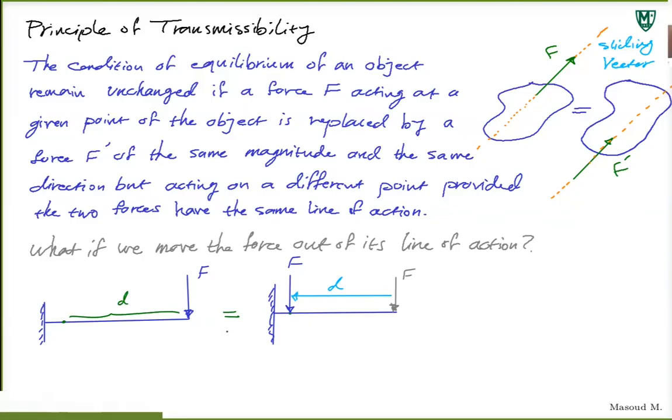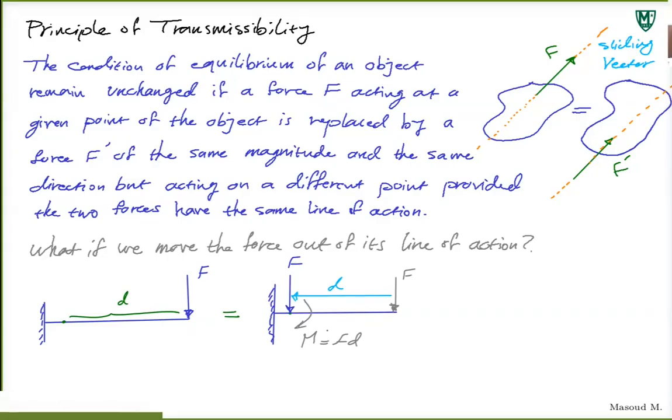So when we move this force, to get the equivalent system, we have to add a moment right here, M. And this moment is Fd, because that's the moment created by force F because of the translation d out of its line of action.